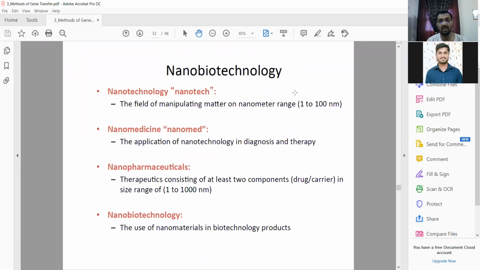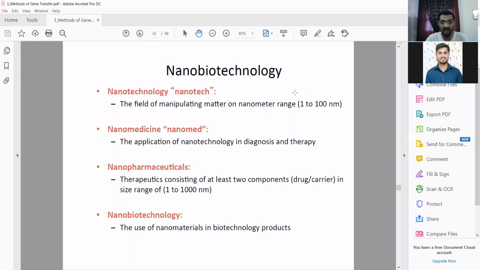Nanomedicine is the application of nanotechnology in diagnosis and therapy. Nanopharmaceuticals are therapeutics consisting of at least two components, the drug and the carrier nanoparticle on which the drug is placed, in the size range of 1 to 1,000 nanometers.